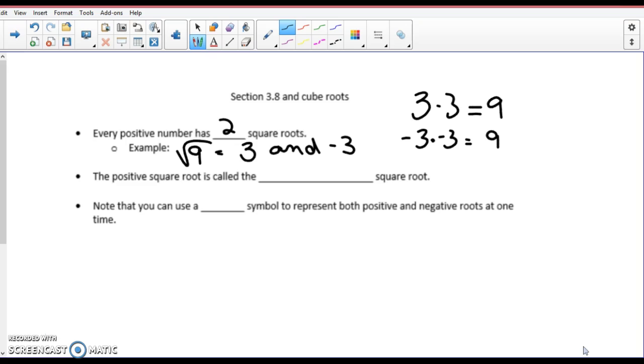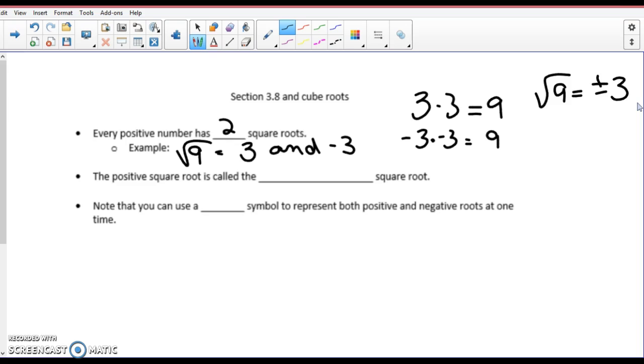So when you take a square root of a number, technically, the square root of 9 is plus and minus 3. You see I've written that. Plus and minus 3. So if I was asking you to find all roots, you would tell me that the square root of 9 is positive and negative 3.